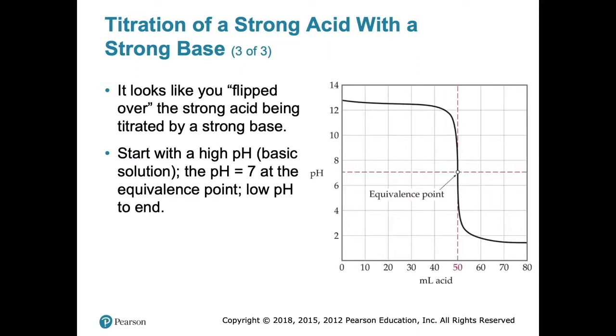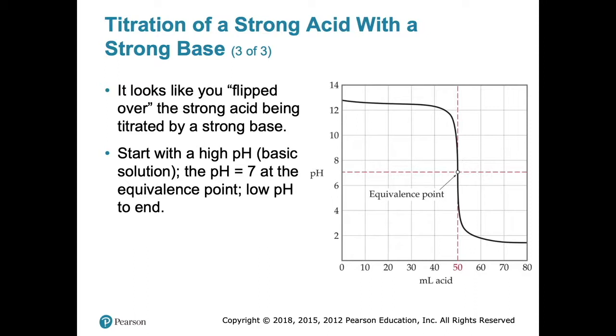So this is interesting. Let's do it the other way. Say we started out with a strong base, and now we're titrating into it a strong acid. The same thing happens. You start at a very high pH, and you add in the acid, and it goes down super slow until you get to almost pH 7, or to the equivalence point.